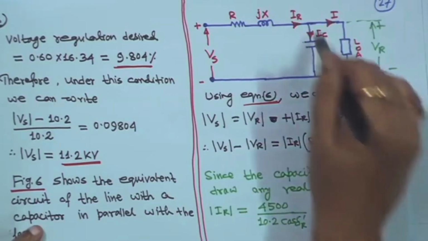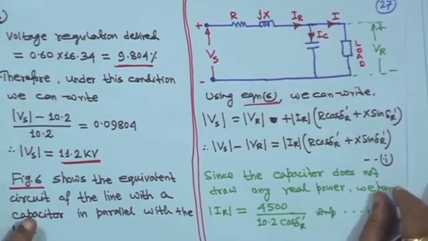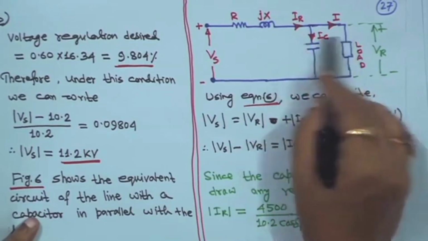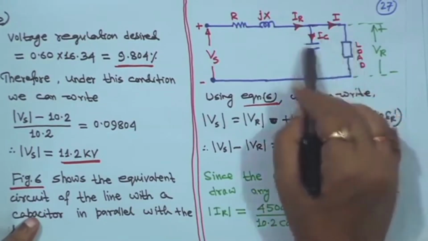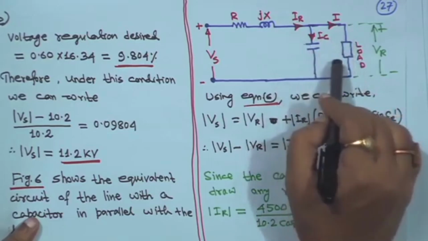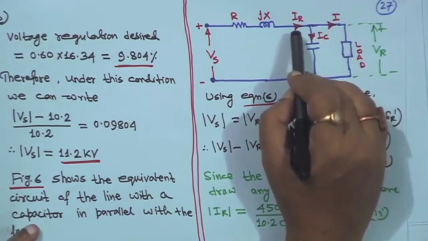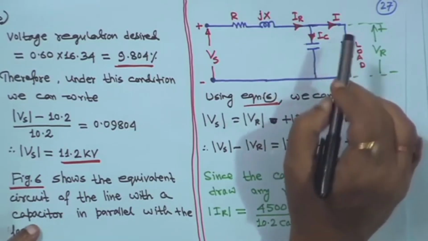So, the voltage across the load or across the capacitor is the same, right, and the load is known, so the equivalent impedance can be obtained. So, do not take I, you have to take this I_R, right. So, be careful about that.